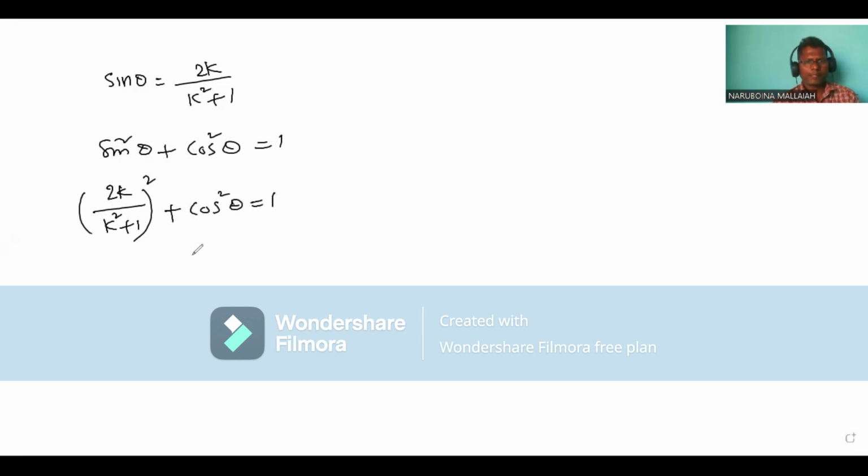Now cos square theta is equal to 1. Sending this fraction to this side, it will become minus 2k by k square plus 1 whole square.